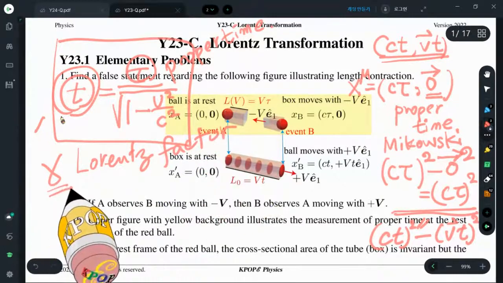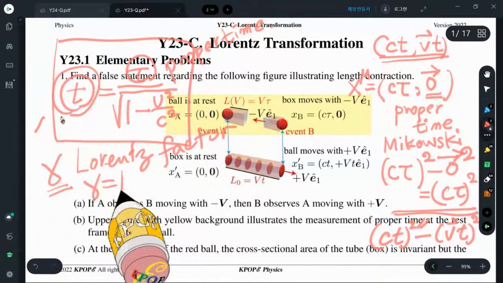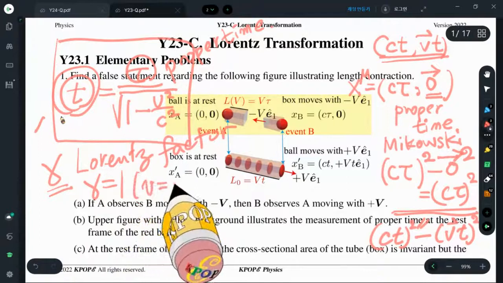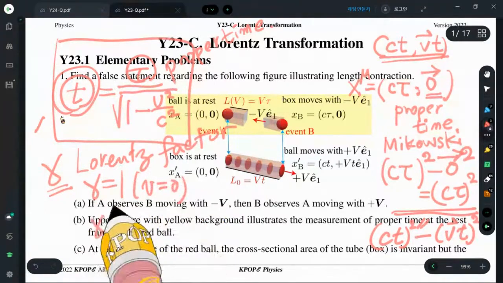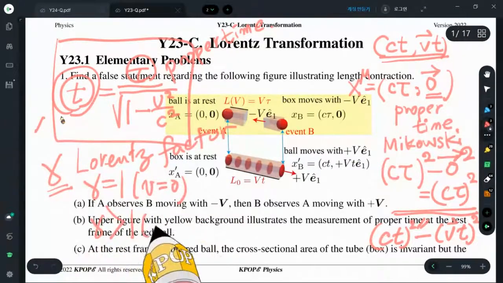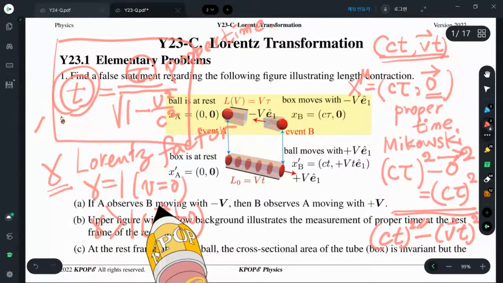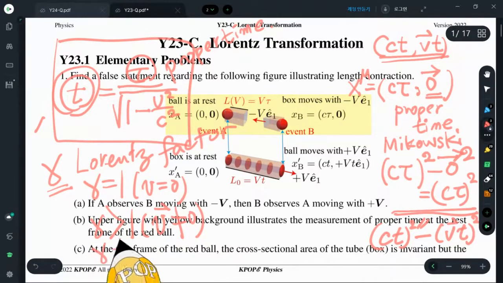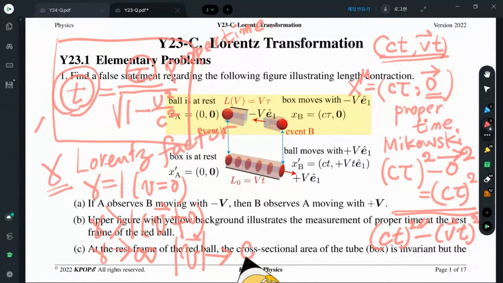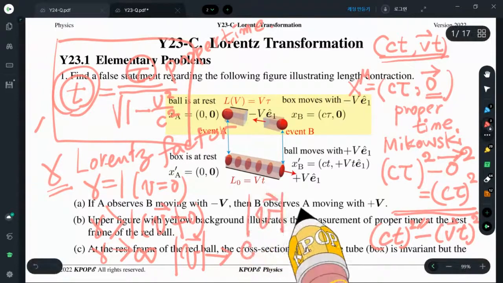And this Lorentz factor is 1 if v equals 0, and this Lorentz factor is greater than 1 for any non-vanishing velocity, and this Lorentz factor goes to infinity as the absolute value of velocity approaches the speed of light, and v can never be greater than c.